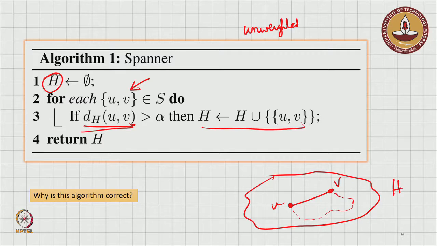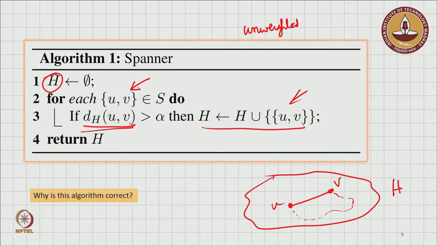So for each edge UV, you just check if the distance in the spanner that we are maintaining so far between the vertices U and V is greater than alpha. If it is greater than alpha, then we must include the edge UV in the spanner. Otherwise, we don't have to execute this inclusion line over here. Okay, and at the end we just return H.